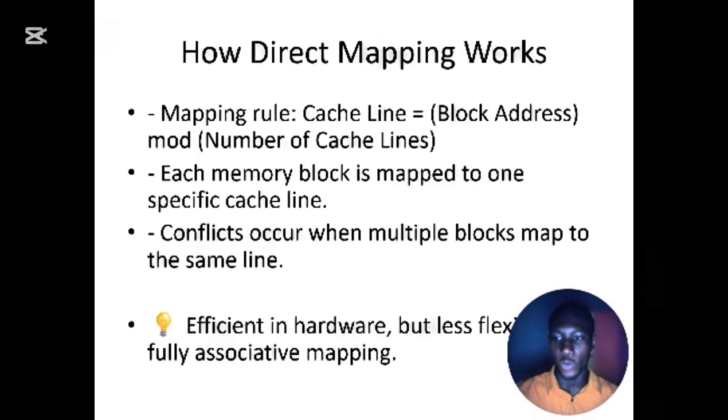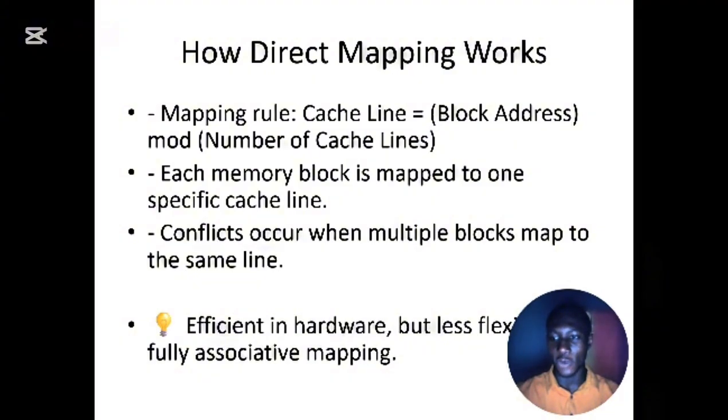How direct mapping works. Here's how the mapping is calculated. We use the formula: cache line = (block address) mod (number of cache lines). This means each block is assigned to exactly one line based on its address.